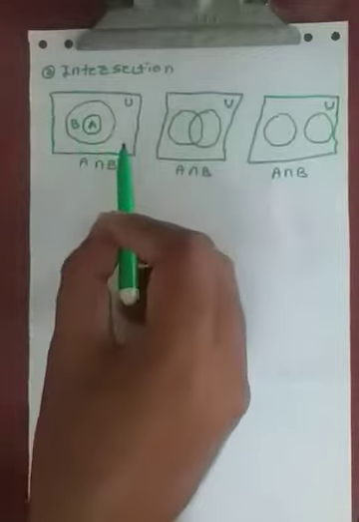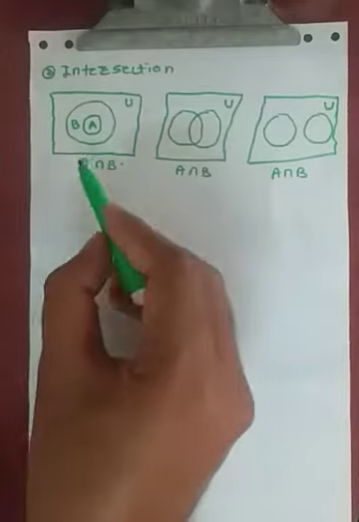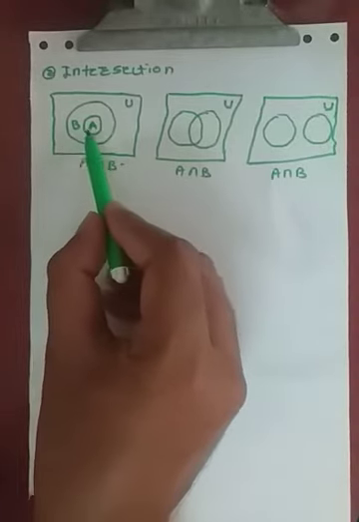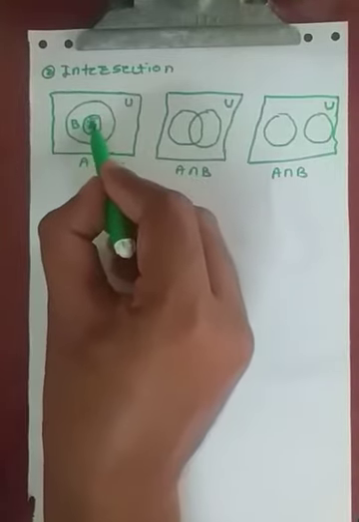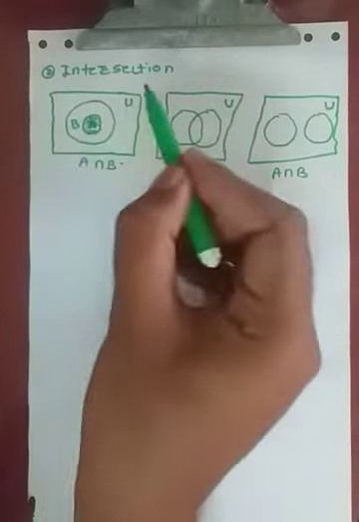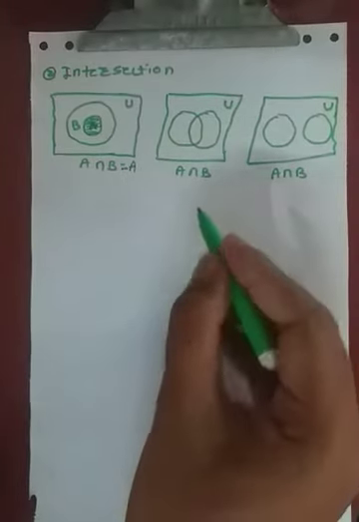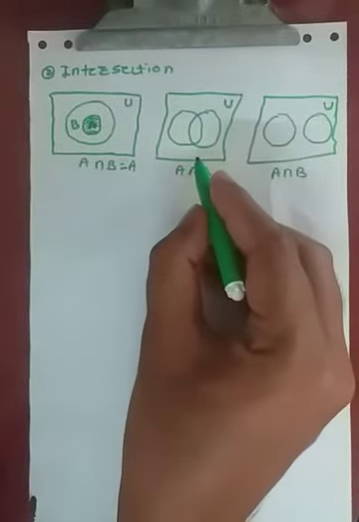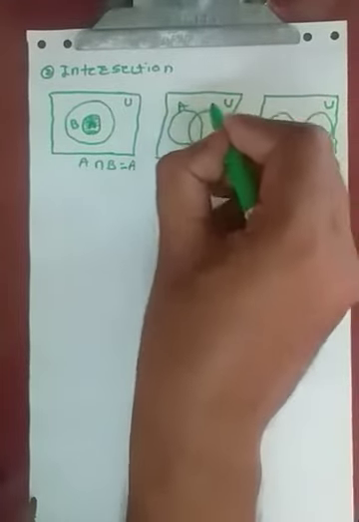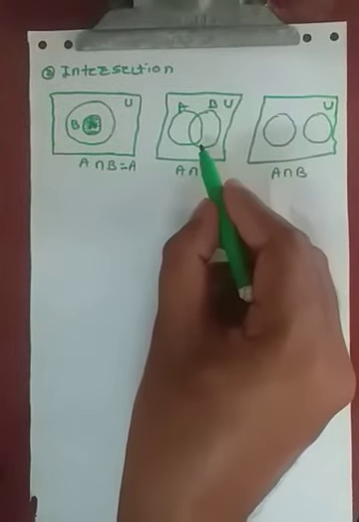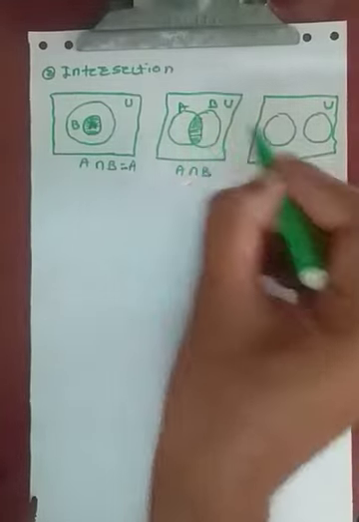So next operation is intersection. So first case, A is subset of B. In that case, intersection is this portion. Intersection means common portion. So A intersection B is equal to A. In case 2, that is neither A is subset of B nor B is subset of A, the intersection is this portion.